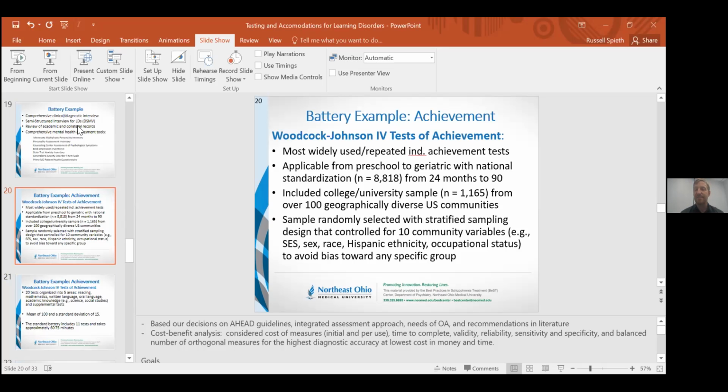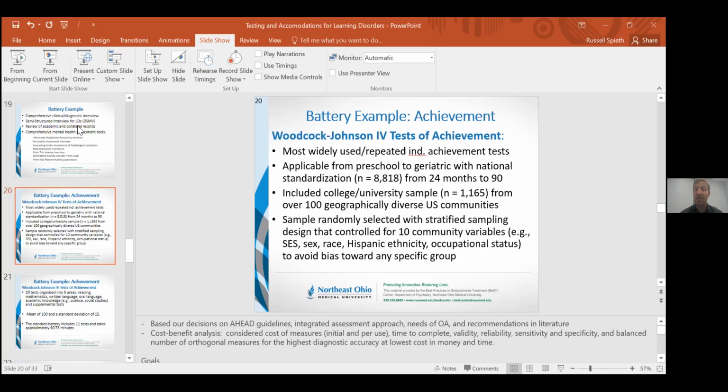The Woodcock-Johnson 4 is really the gold standard test of achievement. And unbelievably, you can actually assess people from 24 months to age 90. They really do make a diligent effort at stratified sampling, so that you have people who are regionally diverse, racially diverse, socioeconomic status diverse, occupational status diverse, because the goal is to avoid bias toward any specific group.